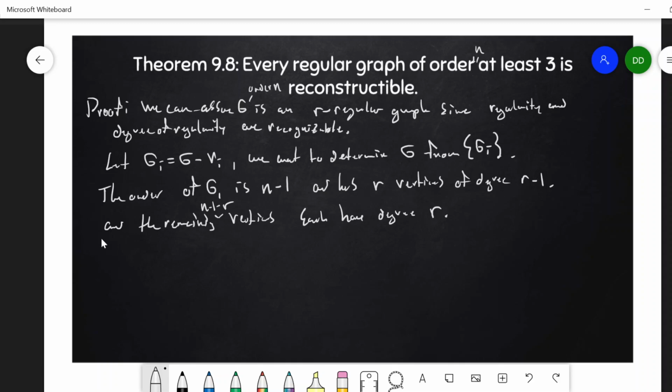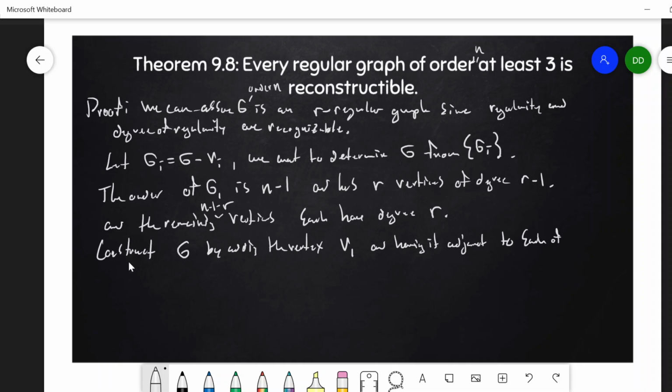And so how do we obtain G? Construct G by adding the vertex V1 and having it adjacent to each of the R vertices of degree R minus 1.